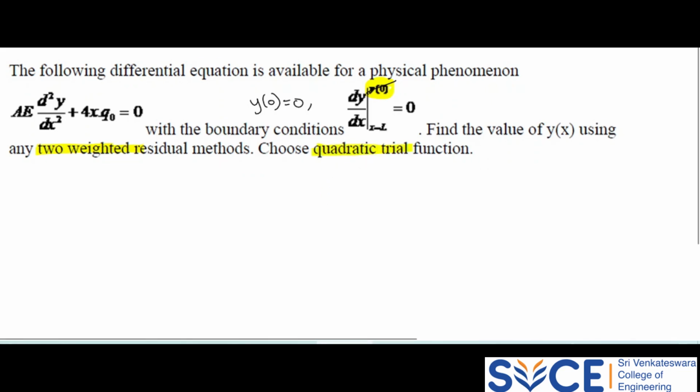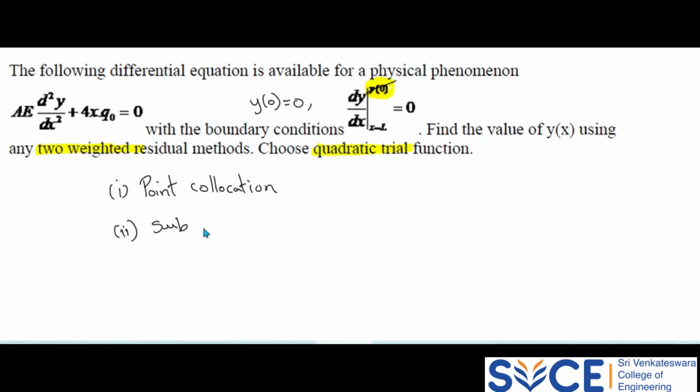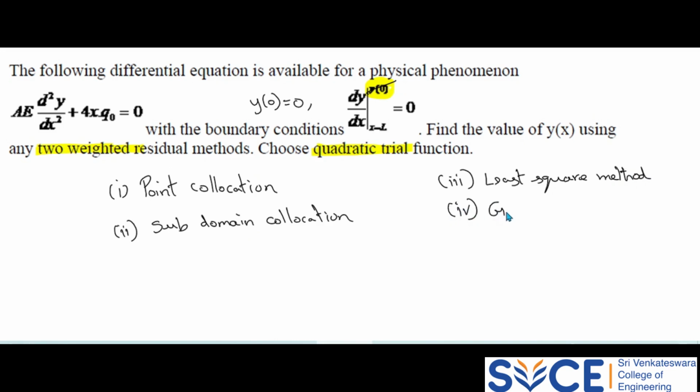So first let us consider what are the weighted residual methods we have. First method is point collocation method. Second method is subdomain collocation method. Third method is least square method, and fourth method is Galerkin method.